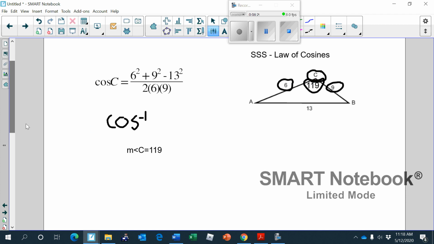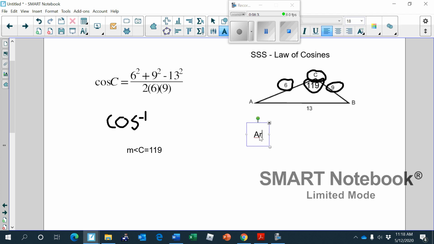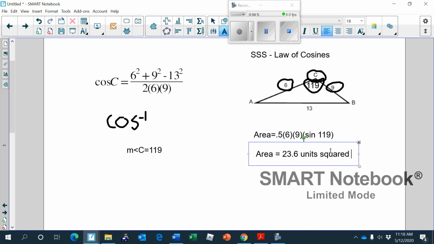So area equals 0.5 times 6 times 9 times sine of 119. When you throw that all in, the area of this triangle is 23.6 units squared, because we're talking about area.